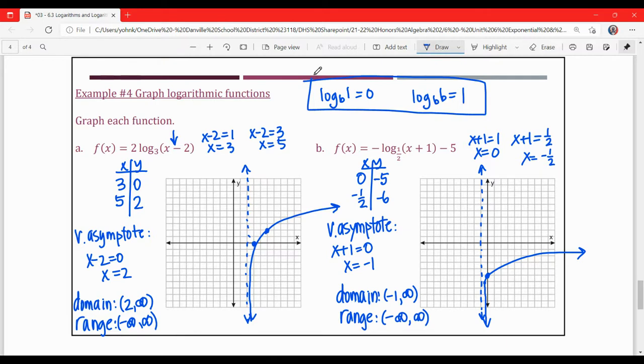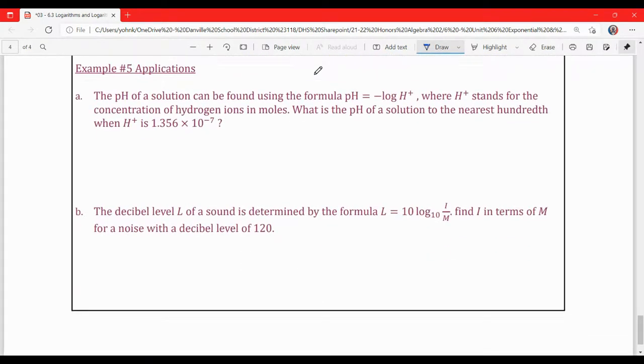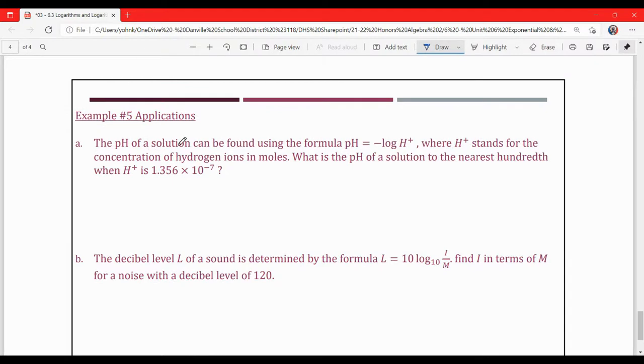All right, let's take a look at a word problem. The pH of a solution can be found using the formula pH equals negative log of H plus, where H plus stands for the concentration of hydrogen ions in moles. What is the pH of a solution to the nearest hundredth when H plus is 1.356 times 10 to the negative seventh?